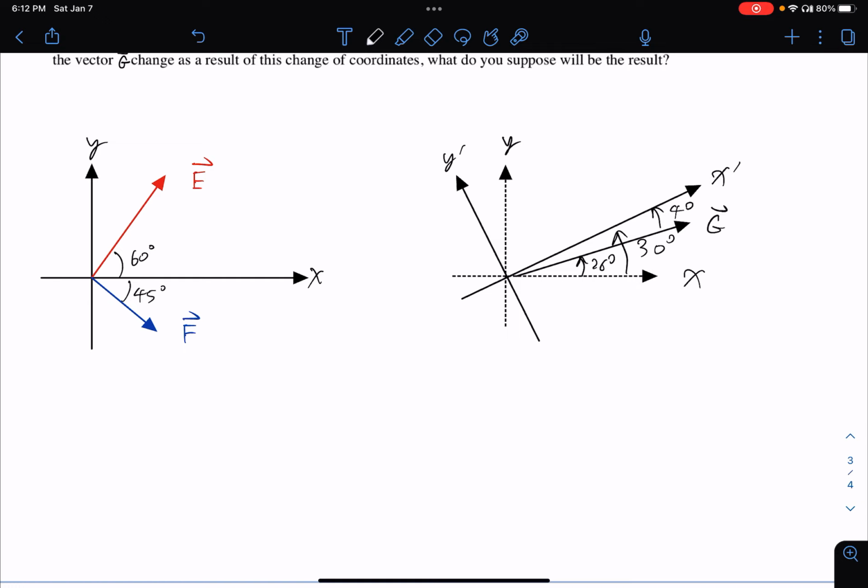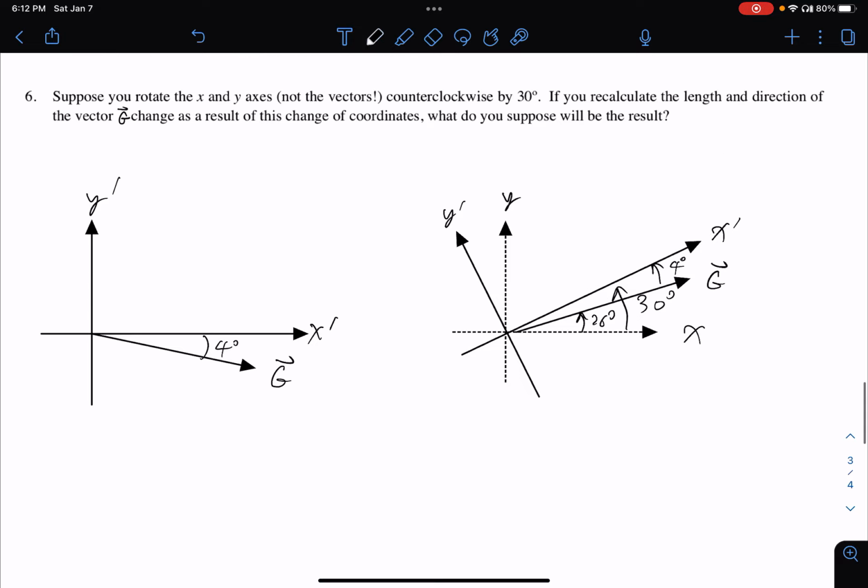So if we draw the vector G in our new coordinates, x prime and y prime, it will be positive in the x prime axis but negative in the new y prime axis, and it will make a 4-degree angle over here. And if you rotate the coordinates, it's not going to change the length of the vector. So the length will still be 5.1 units.